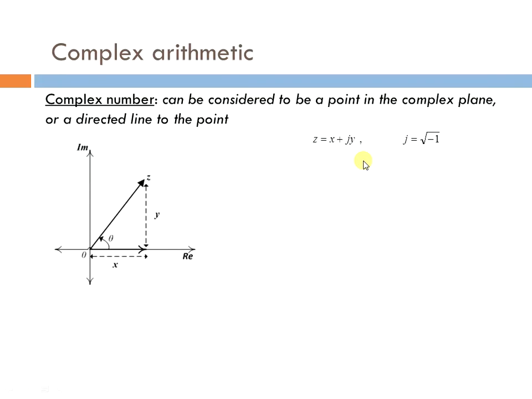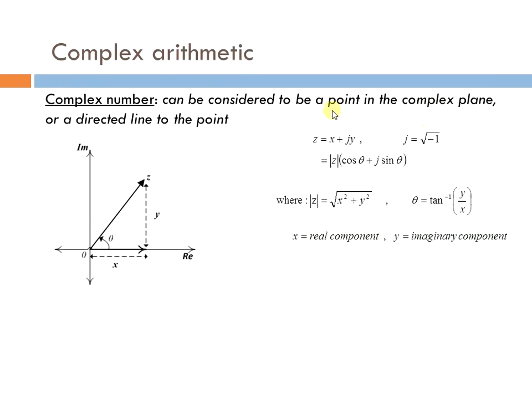This is referred to as the rectangular form of a complex number. It can also be written in the form of sine and cosine terms based on the trigonometric relations in a right-angled triangle. In this case, the modulus of z is given by the square root of the sum of the squares of the real component and the imaginary component. And the phase is given by the arctangent of the ratio of the imaginary component to the real component.